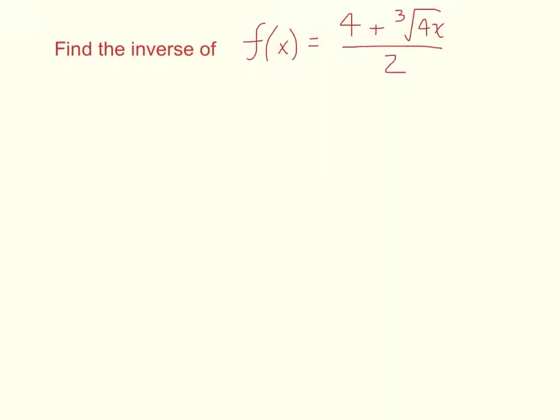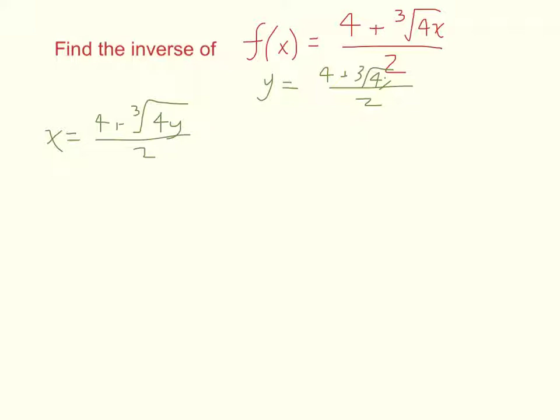Now the next one is a little tricky, so you gotta be careful. We're going to find the inverse of f of x equals 4 plus the cube root of 4x, all over 2. So I'm going to switch everything around, and then switch the x and y's around. So x equals 4 plus the cube root of 4y, over 2.